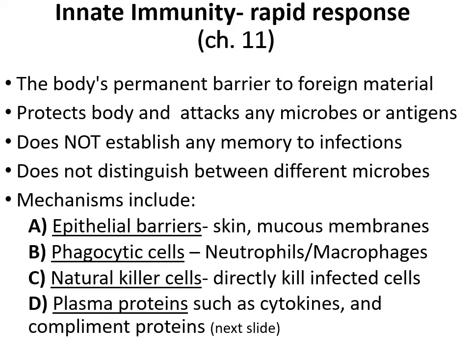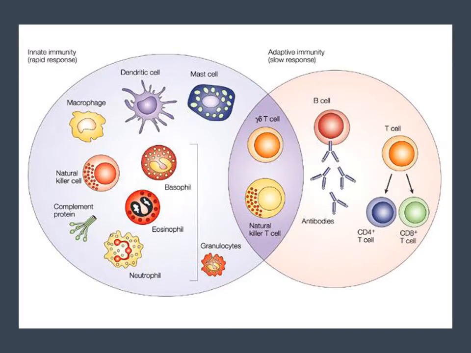So for example, cytokines are released by macrophages and neutrophils to attract other cells to the area of inflammation. The complement system is just a group of proteins that are produced by the liver, and they are involved in tagging the foreign antigens in a process called opsonization, so that the neutrophils and macrophages identify these tagged foreign invaders and destroy them.